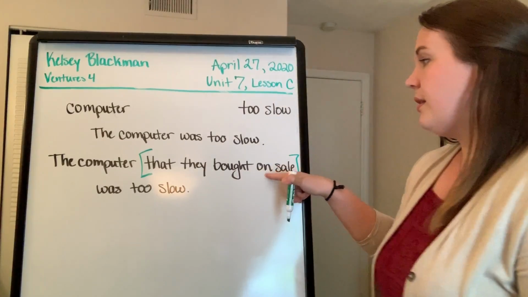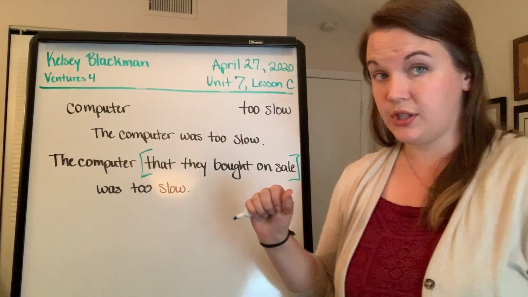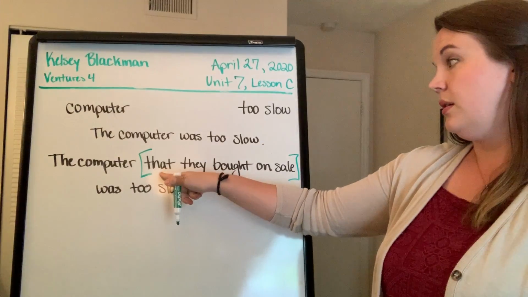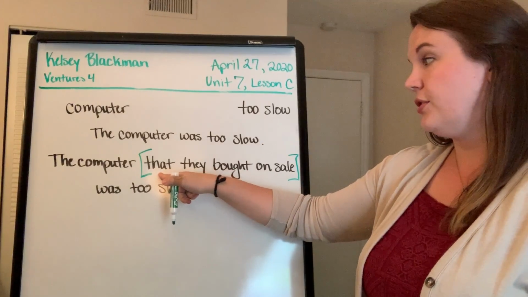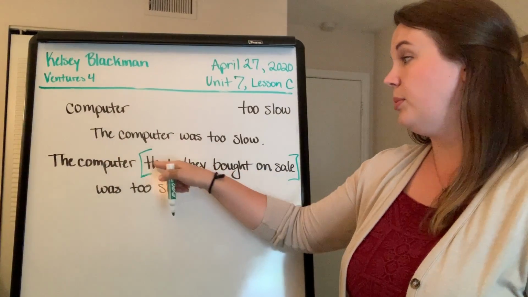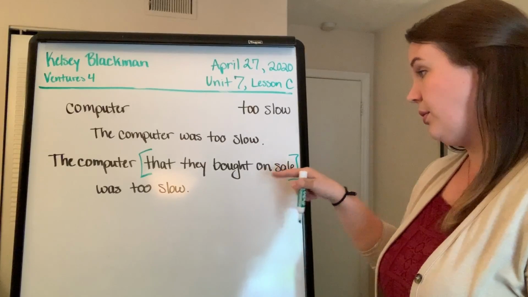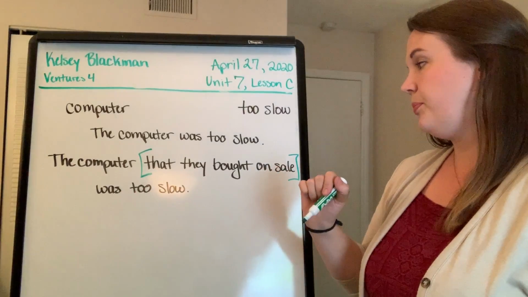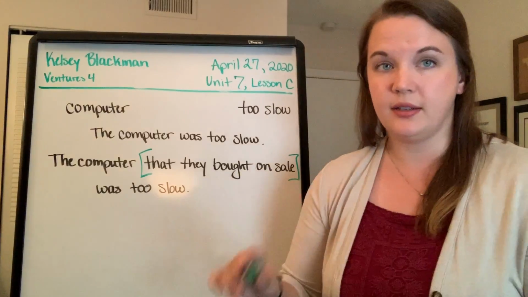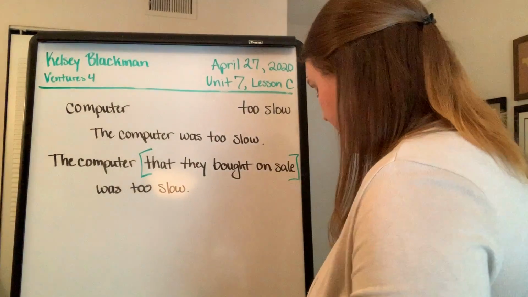But the adjective clause, the object pattern adjective clause, that refers to what? The computer. The computer that they bought on sale was too slow. They is Ted and Lisa. So every sentence you write will be about Ted and Lisa.